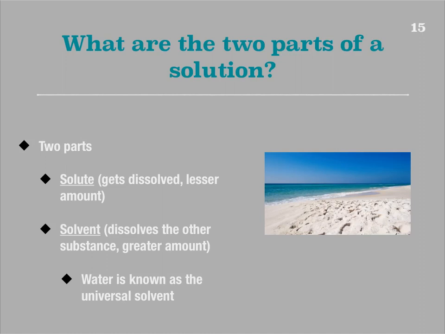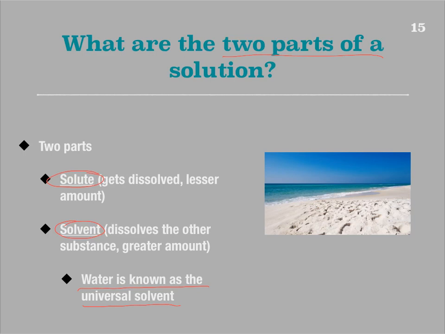As mentioned on the previous slide, the two parts of a solution are the solute, the substance that gets dissolved, and it's going to be the lesser amount, and the solvent, which would be the thing that's doing the dissolving, and it's going to be the greater amount. Water is known as a universal solvent because it can dissolve so many things, and it's used in all living things as a solvent.